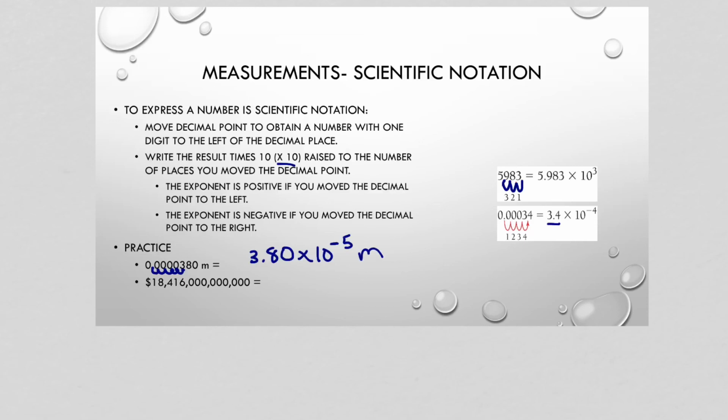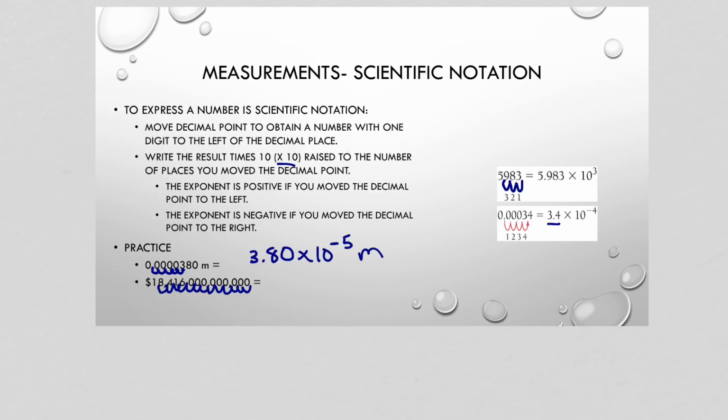Now, if we look at a very large number, to get this into scientific notation, again, we're going to move the decimal place, but this time we have to move it to the left. So we have to move it 1, 2, 3, 4, 5, 6, 7, 8, 9, 10, 11, 12, 13 spots.